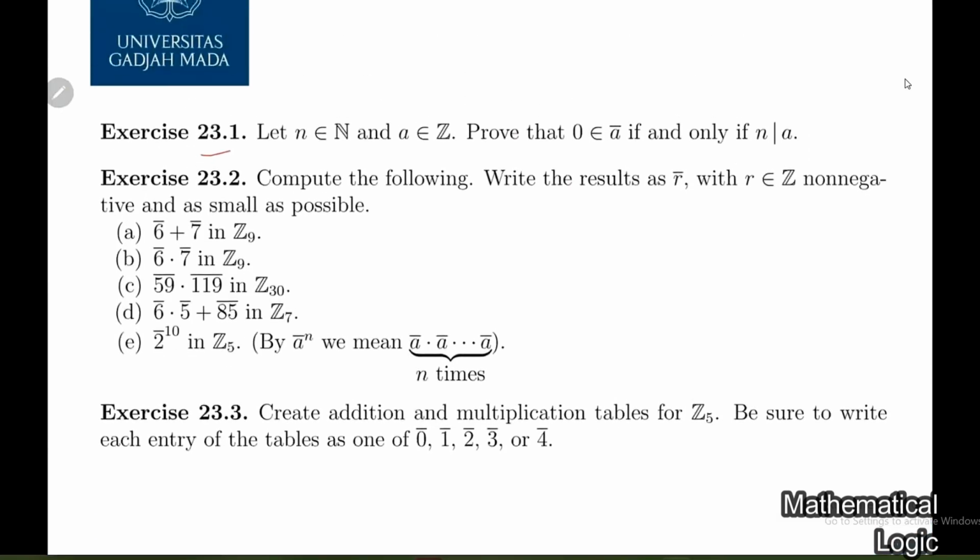Okay, so we continue with this one. 23.1. We take any natural number n and an integer a. We want to prove that 0 is in a bar if and only if n divides a. So how to do this? Do you know how to do it?